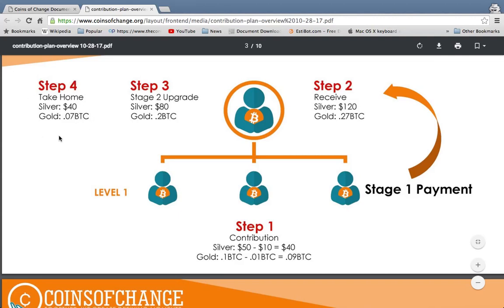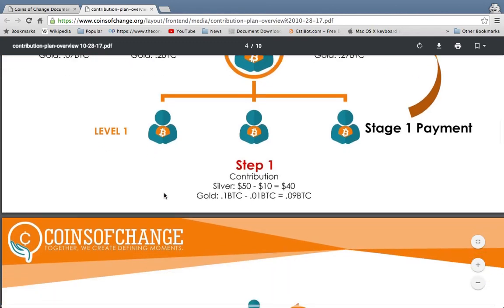So your take home at this level, with these several transactions taking place: you've got 3 contributors, you're going to receive the $120, and then the system is going to automatically upgrade you to stage 2. So your profit now is $40. You have $40 in your wallet, or 0.07 Bitcoin in your wallet. Okay, so let's move forward.